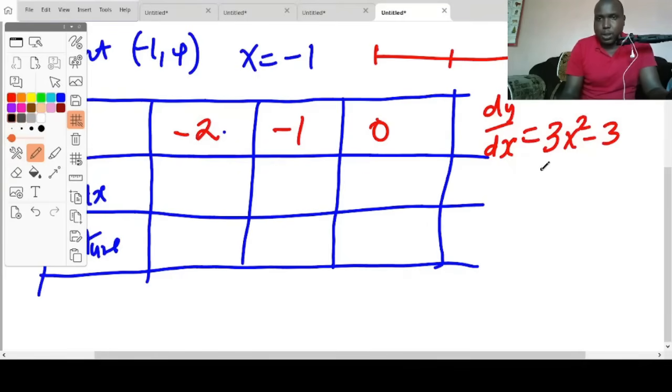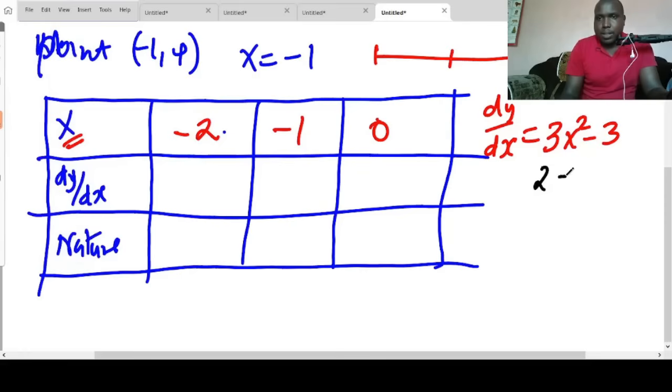So we say 3 times (-2) squared minus 3. This is 2 squared, that is 4, 4 times 3 is 12, 12 minus 3, that's 9. We are going to have 9. So here is 9.